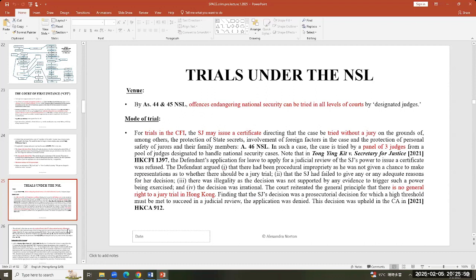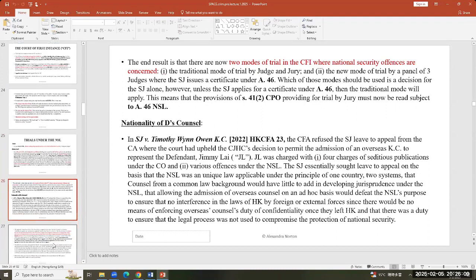So what this case here, Tong Yik Kit, establishes is there is no general right to a jury trial in Hong Kong. And if there's ever a conflict between the national security law and our general criminal provisions, then the national security law prevails.